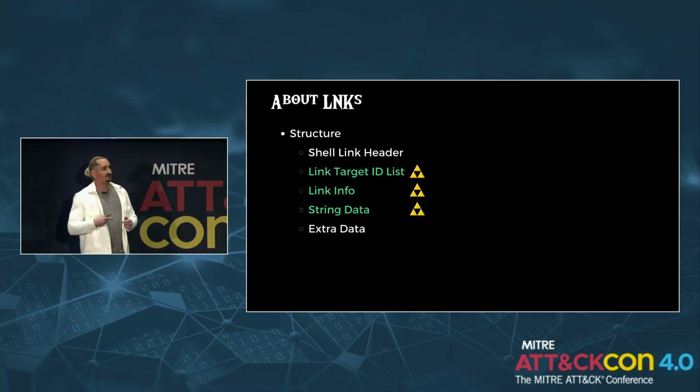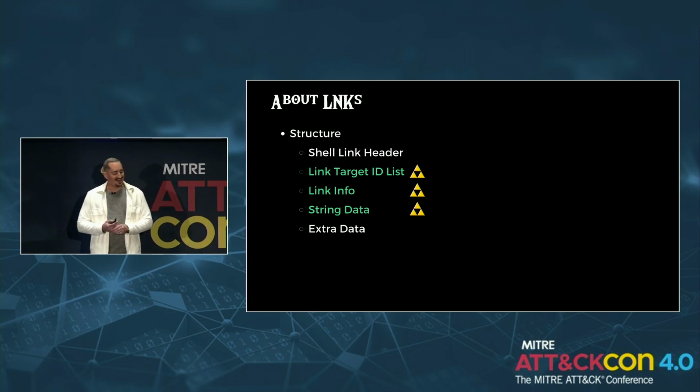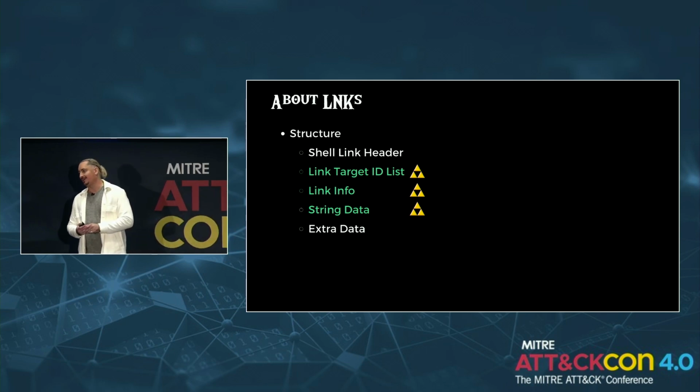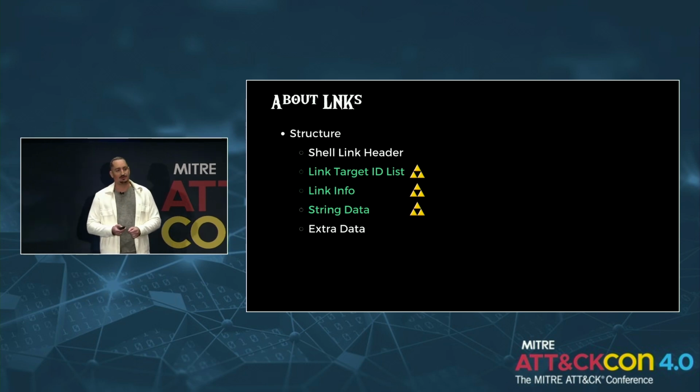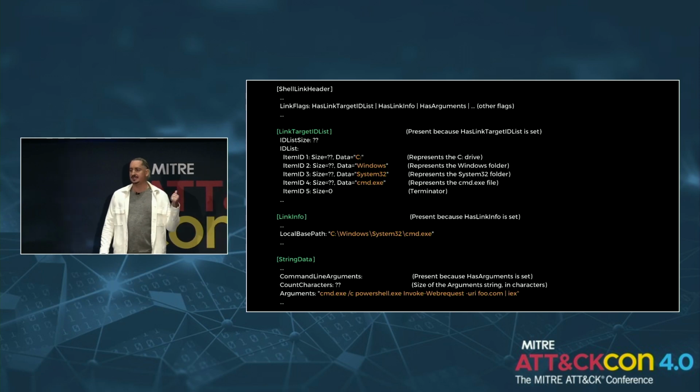If you are an information security enthusiast or a professional, which I presume many of you are if you're listening to this talk, when you think about a shortcut or a link file, LNK file, you're probably thinking of two, maybe three things: the link target ID list, the link info, and then the string data. Behind me, what you see is a bit of pseudocode.